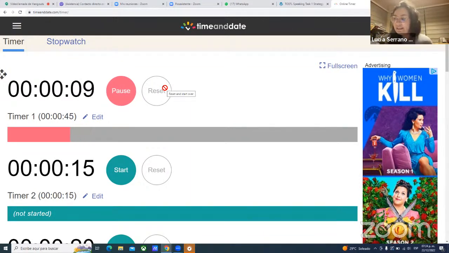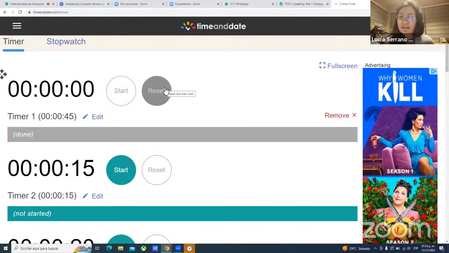And the second argument is I think it's necessary to apply restorative justice to make a psychological therapy for criminals.